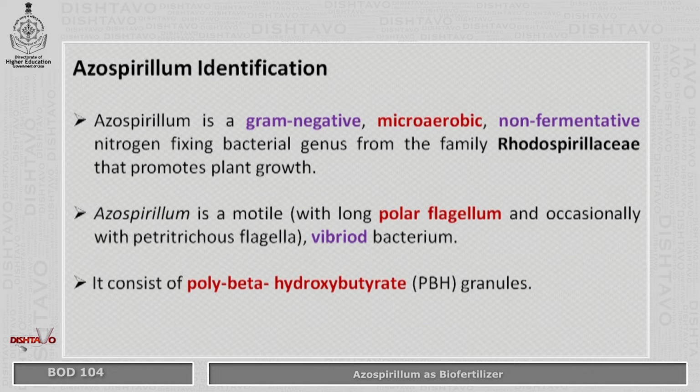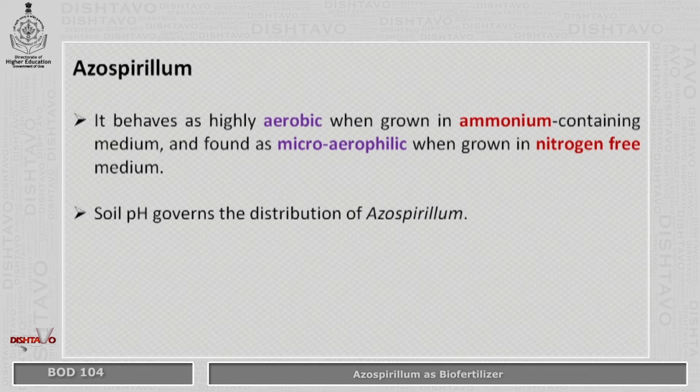It consists of poly-beta hydroxybutyrate granules. Azospirillum behaves as highly aerobic when grown in ammonium-containing medium and is found as microaerophilic when grown in nitrogen-free medium. Soil pH also governs the distribution of Azospirillum.